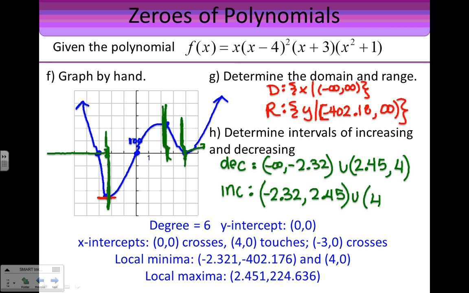So from 4 to infinity. Okay, so that's just a matter of taking what we now can figure out about a polynomial function, so you can look at the function, figure out the degree, figure out where it's going to cross, where it's going to touch the x-axis, and then the end behavior of it using the degree. Use your calculator to find the local max and local min. Use all that information to graph it.